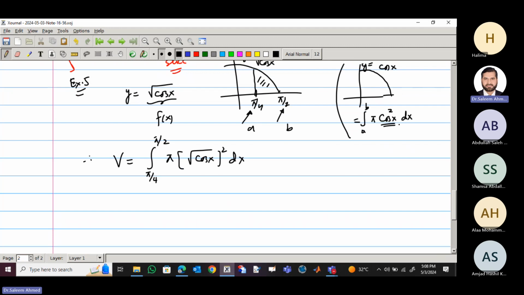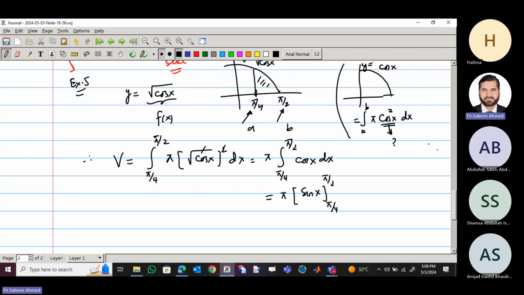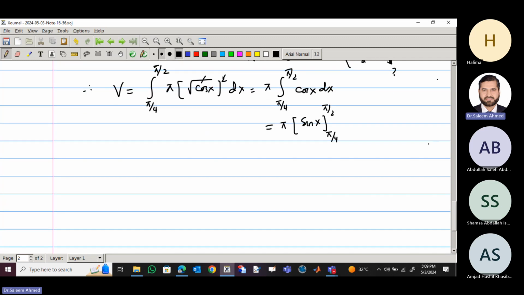With the help of the square root, the square root and square will cancel, so your integration will become very easy. It will become just cosine x, and the integration of cosine x is sine x. Simple. But the integration of cosine squared is not sine squared. There is no direct formula; we have to use some trigonometric formulas.